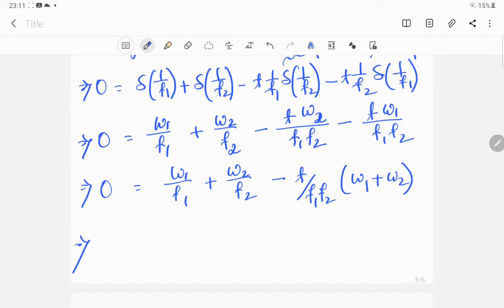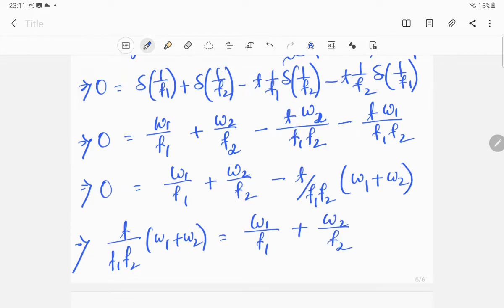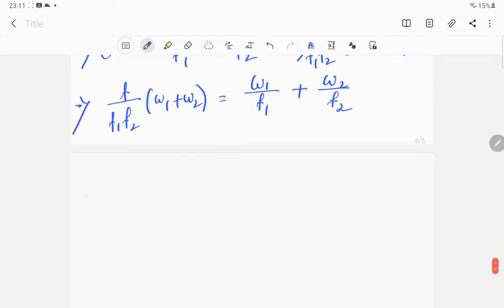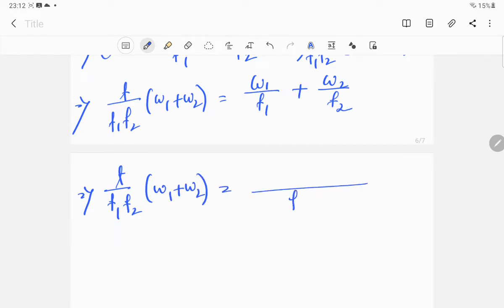So changing the sides, it will be t by f1 f2 into omega 1 plus omega 2 equal to omega 1 by f1 plus omega 2 by f2.